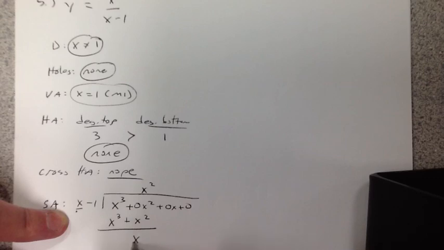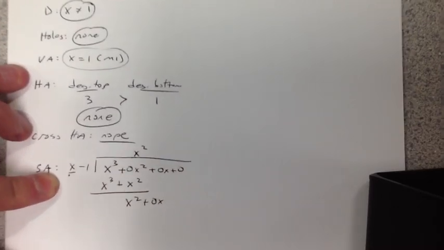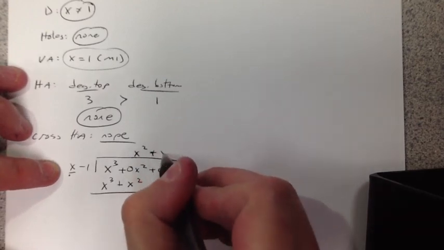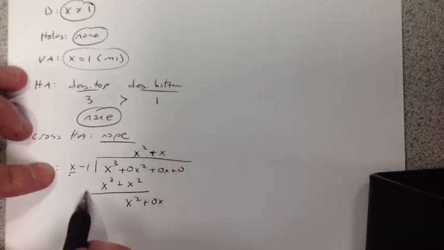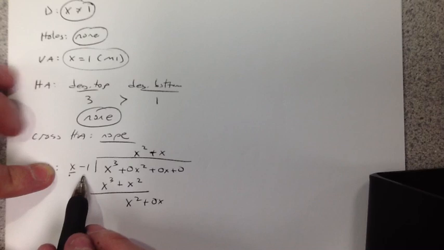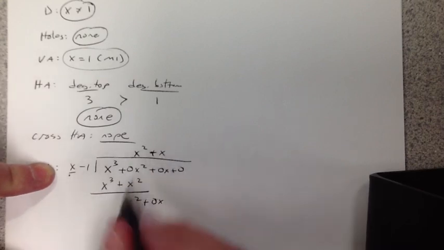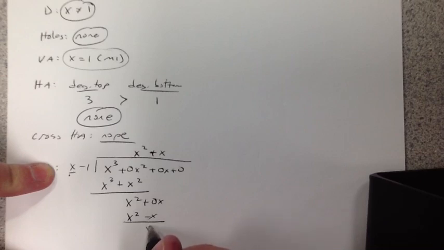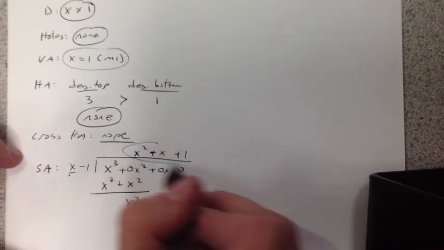Simplify, this becomes just x squared plus 0x. What do you have to multiply by? So plus x. And when we try this one here, we're going to get x squared minus x. So again, I get plus x plus 0. And I'm going to go plus 1. And there's our slant asymptote.